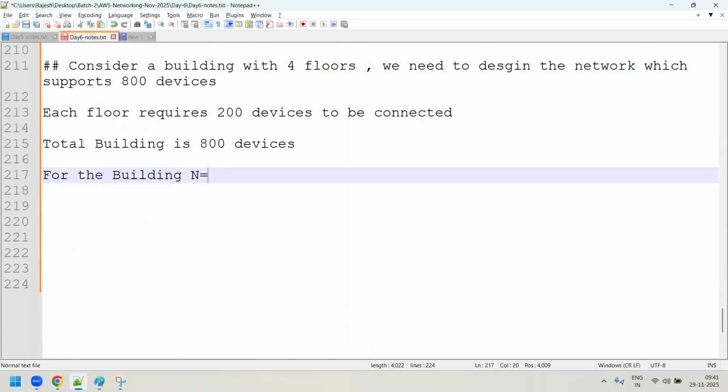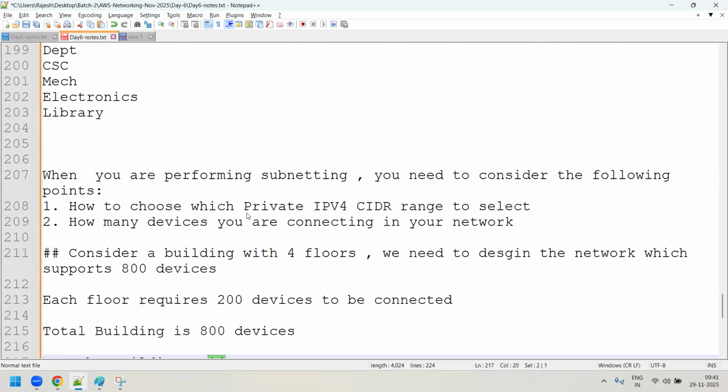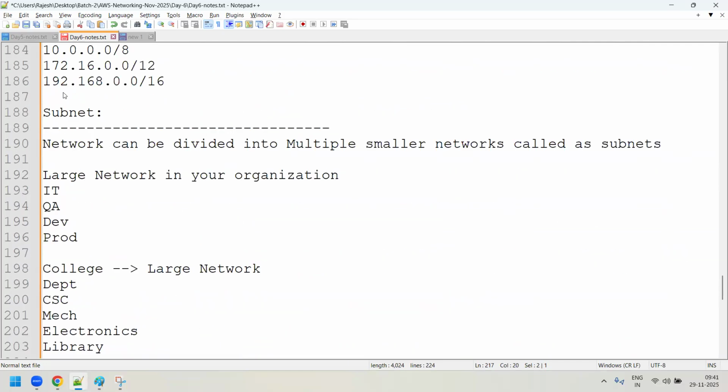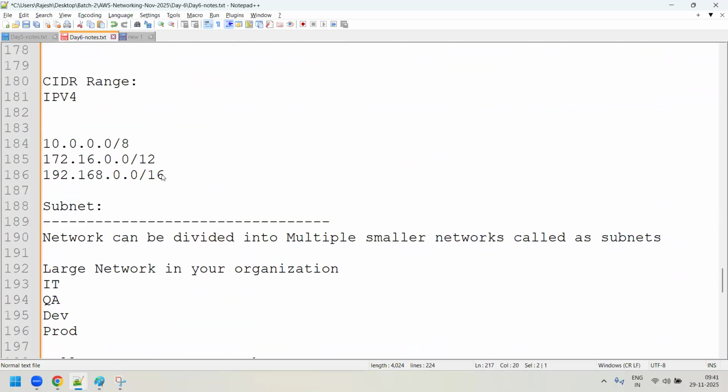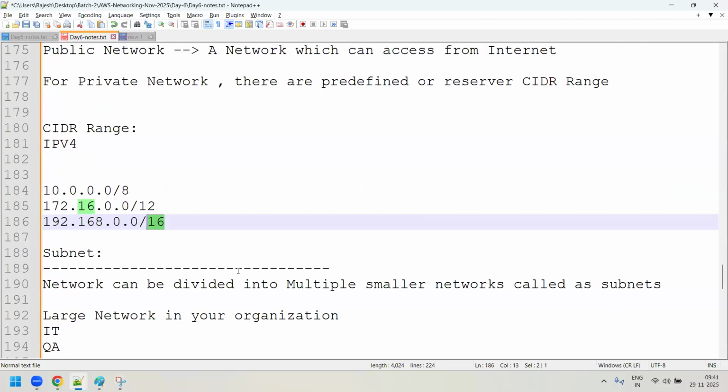Suppose the value is something like 14. Then you will check, Rajesh, this 14 is the capital value for the IPv4 private IP range where it is less than 14. Is 16 less than 14? No, 16 is greater than 14.